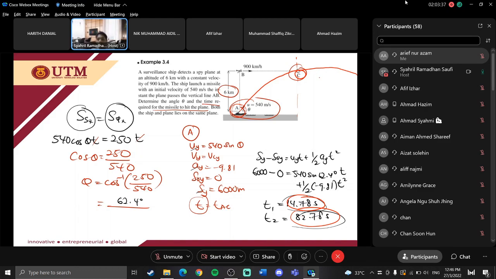After the maximum height, you choose the highest time.